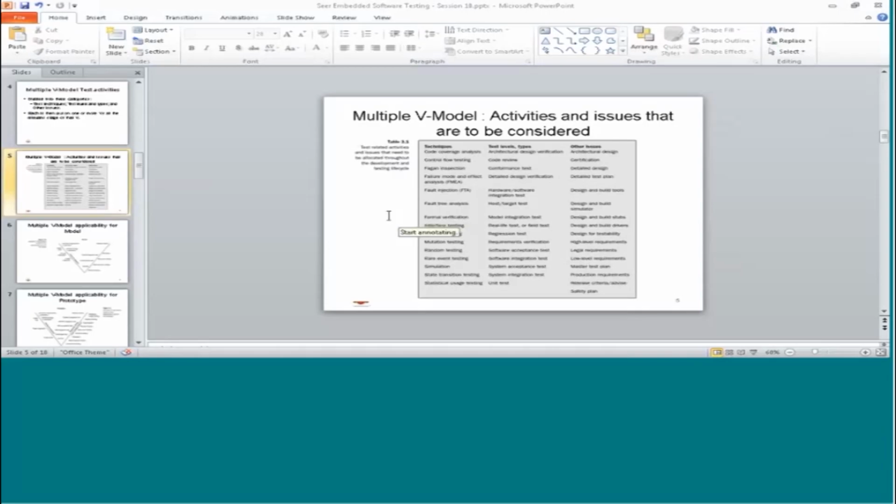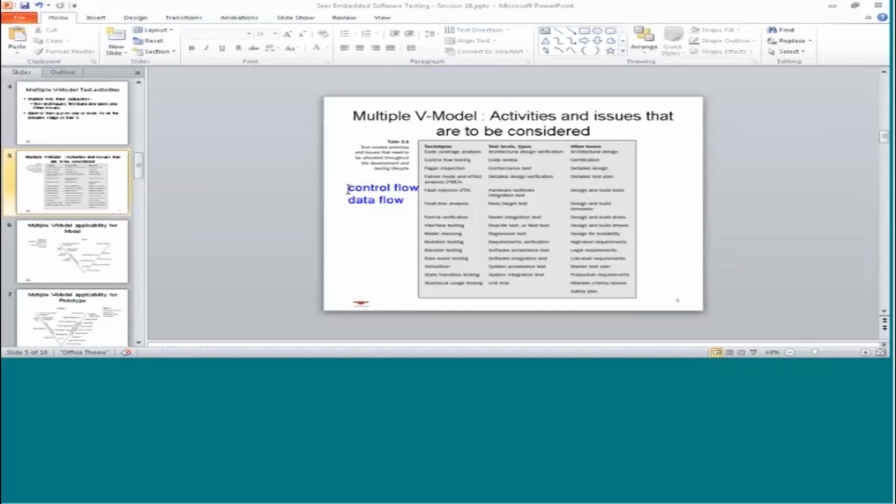There is a term called control flow, along with data flow. These are some very important items that we need to know in order to understand embedded software testing.